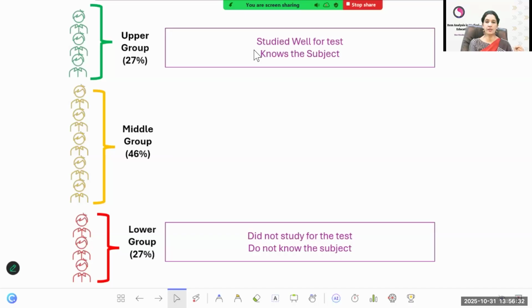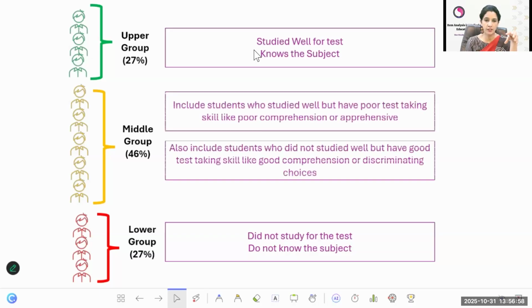What about the lower 27% group? They have not prepared well, they have very poor test taking skills also, because they get nervous because they are not prepared, and they don't know the subject also. So neither have they studied nor do they have test taking ability. Then let's talk about this middle 46%. It includes students who are prepared, but not very well prepared.